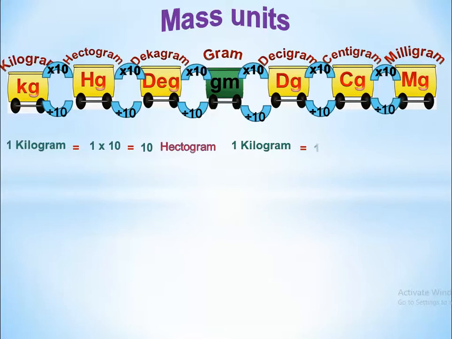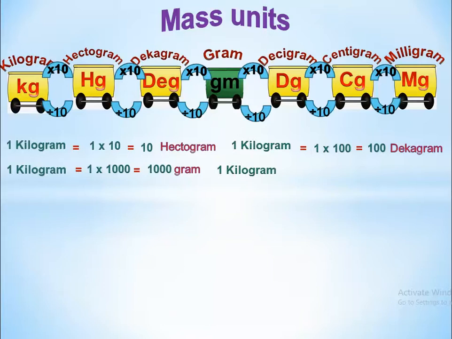So 1 times 100 equal 100 decagram. 1 kilogram equal 1 times 1000 gram. To convert into decigram, we are going to multiply by 10,000. So 1 times 10,000 equal 10,000 decigram.